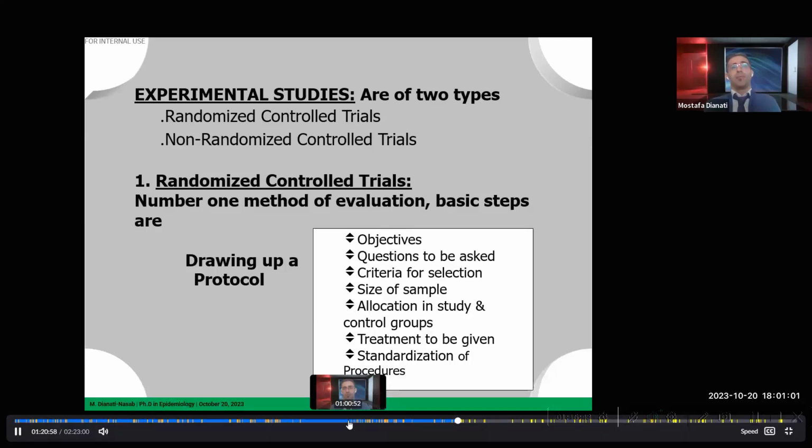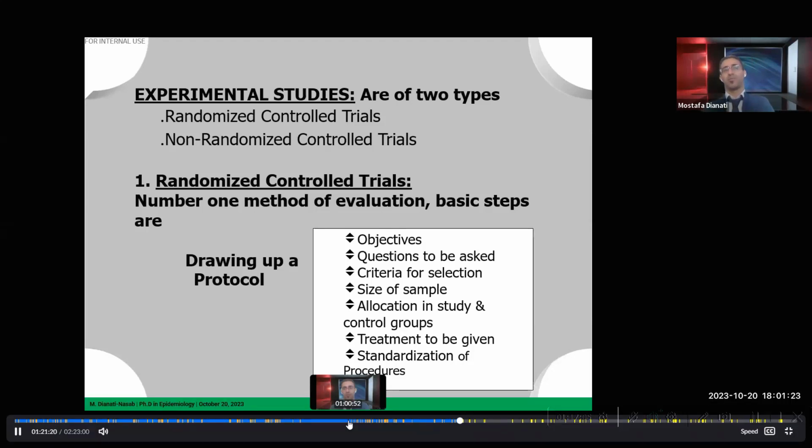Then, while you are assigning the participants, you see that some patients are in really bad condition and must be assigned to surgery because they need surgery right now. Then this is not randomized.